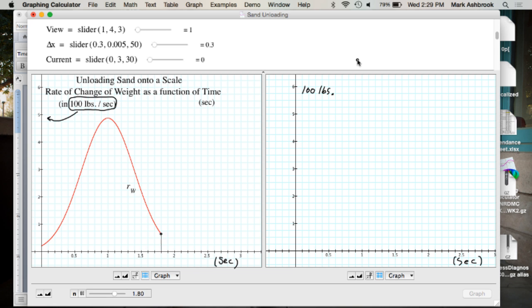Okay, so the first thing we want to do is estimate or just make a sketch of the goal, right? The goal is exact net accumulation of weight. That's our goal. So can you just briefly sketch what you think that would look like? And we're going to sketch it on the right. I put it up faintly on the graph.